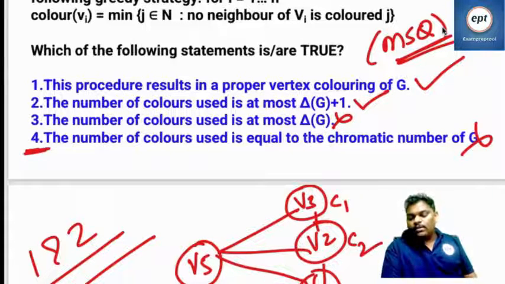The number of colors used is equal to the chromatic number of G. If that is the case, then finding the chromatic number would be, how is it NP complete? Last year this question came, many people gave the answer as 1, 2, 4.